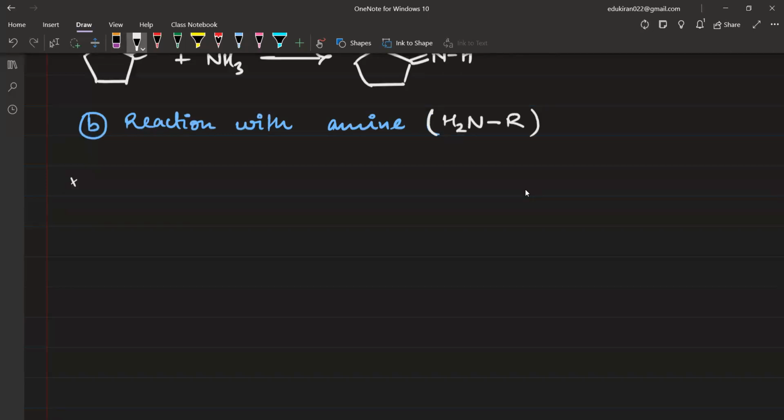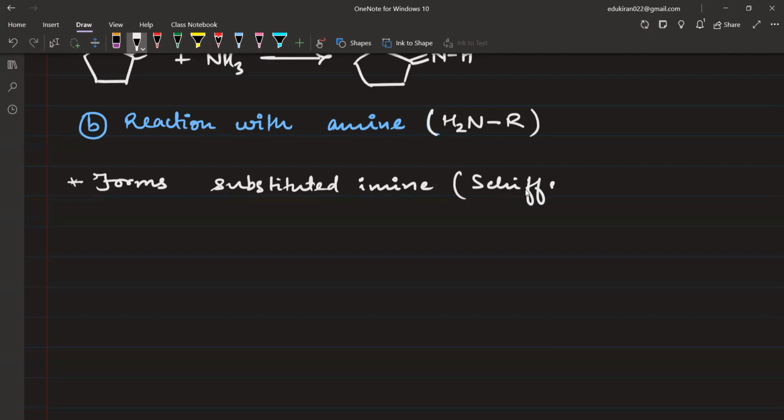So please write: forms substituted imine. And it is also known as Schiff's base, S-C-H-I-F-F apostrophe S, Schiff's base. It is a term that you have to remember, a substituted imine. There is a question in NCERT regarding this.